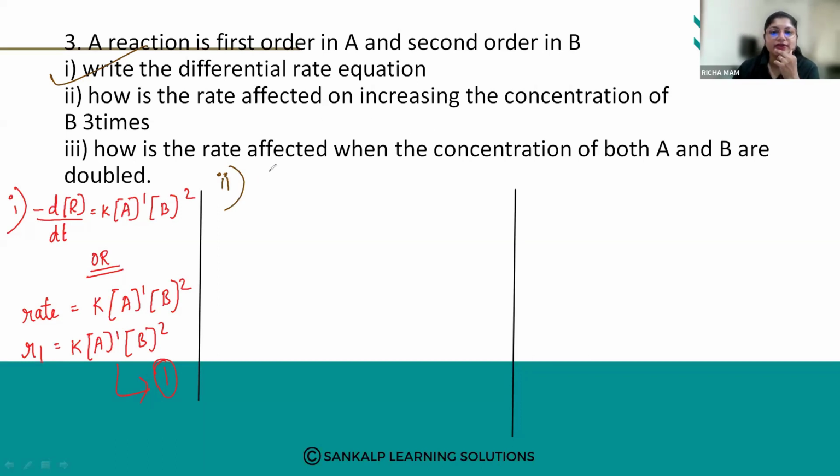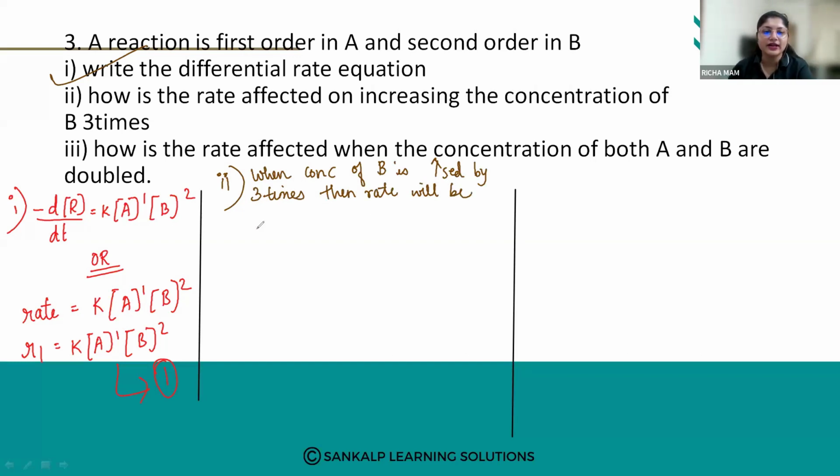Second one is, when the concentration of B is increased by 3 times, what will be the rate?